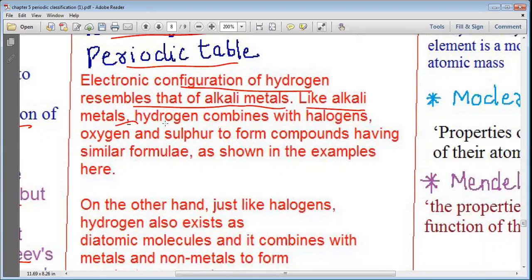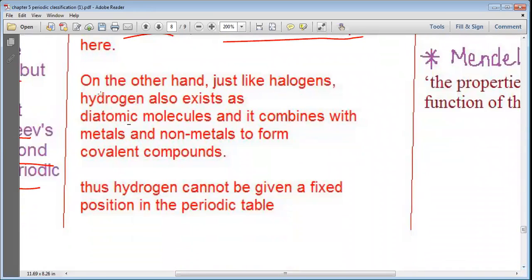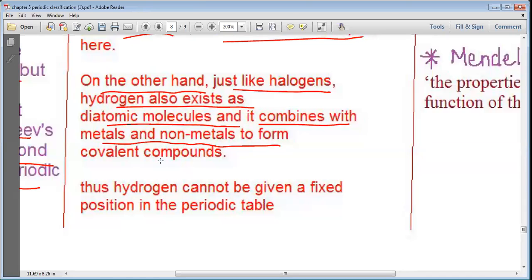Like alkali metals, hydrogen combines with halogens, oxygen and sulfur to form compounds having similar formulas, as shown in the examples here. On the other hand, just like the halogens, hydrogen also exists as a diatomic molecule and combines with metals and non-metals to form covalent bonds.